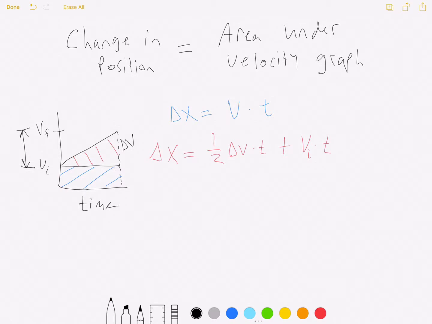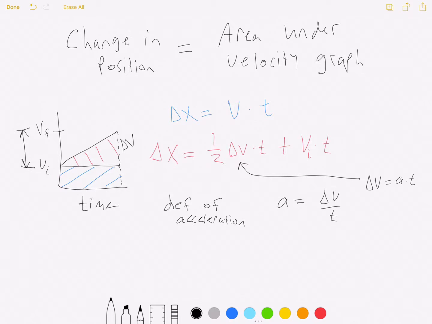So what's the definition of acceleration? a equals delta v over t. And if I rearrange this, I get delta v equals a times t, and I can take that and plug it in right there.